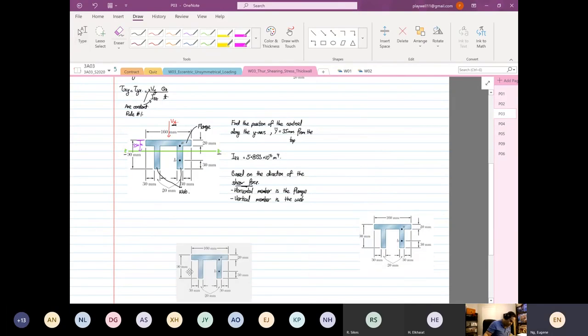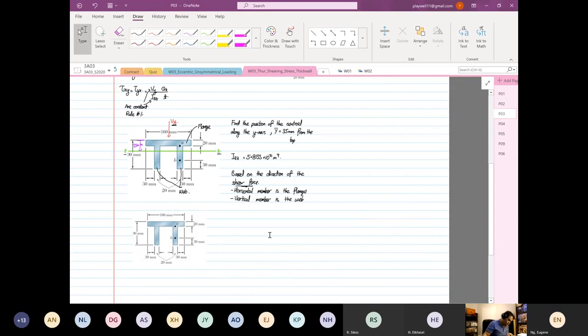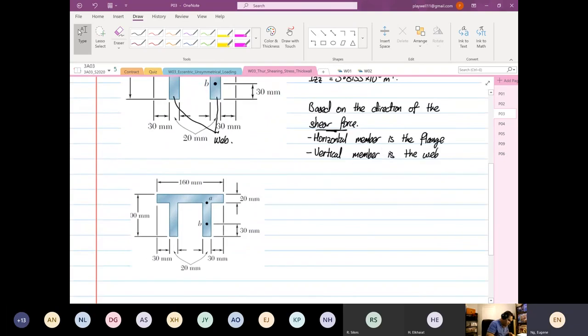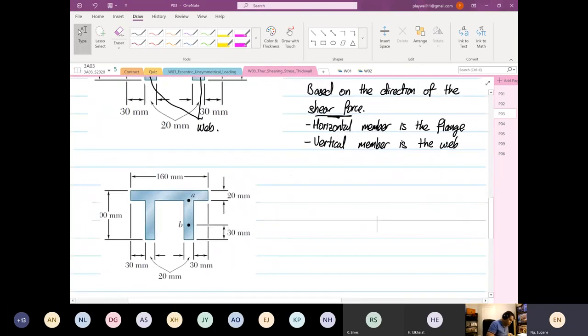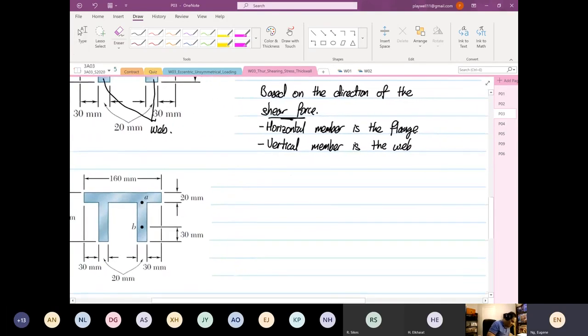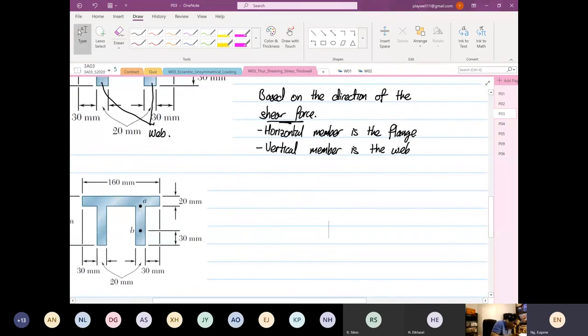Right. So the next thing that we're going to do now, we're going to look at the flange section. We're going to derive the first moment of area and the shear stress at the flange. Okay, so let's look at flange section.